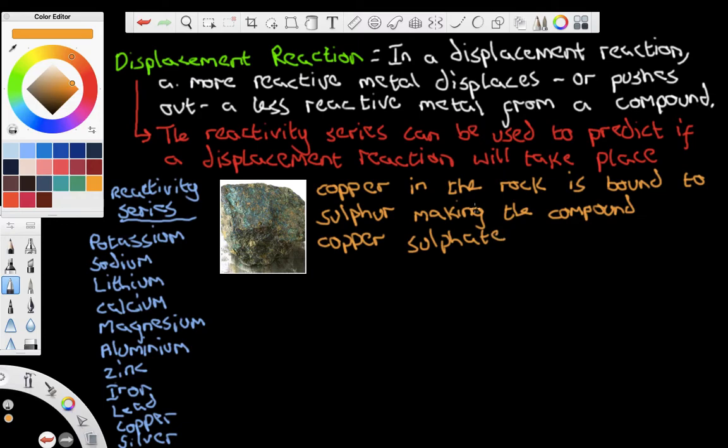We want to remove the copper from the copper sulfate.